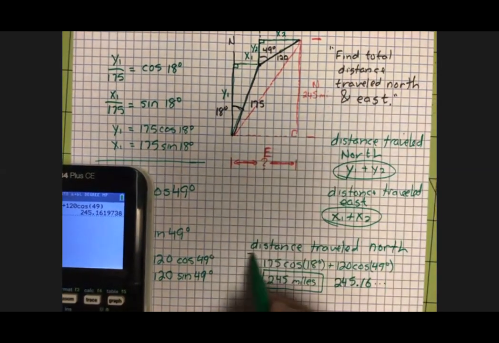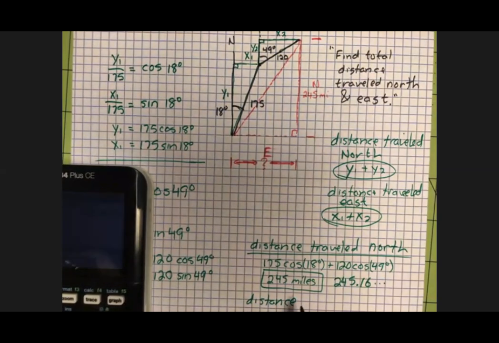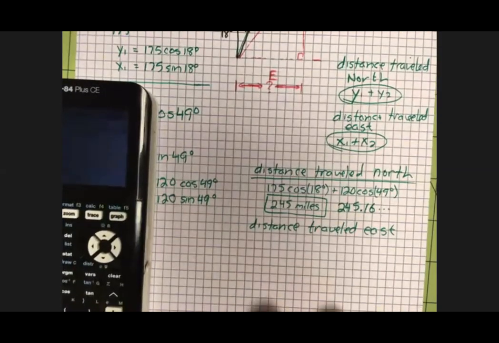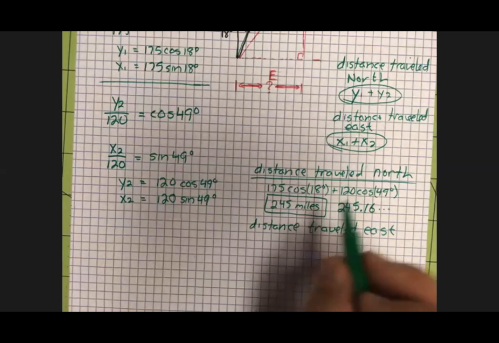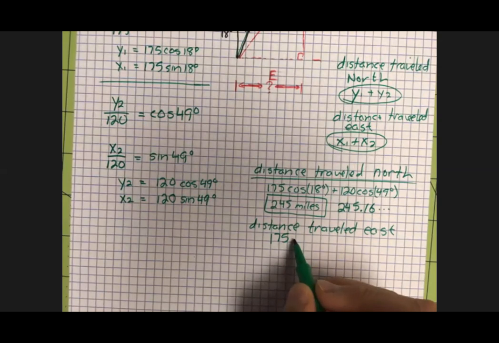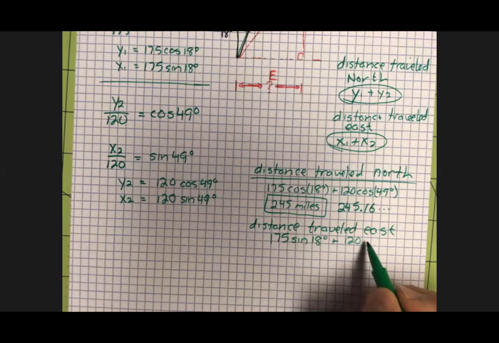And then you know how I'm going to do the distance east. But just for the sake of completeness, I'm going to do x1 plus x2: 175 sine 18 plus 120 sine of 49.